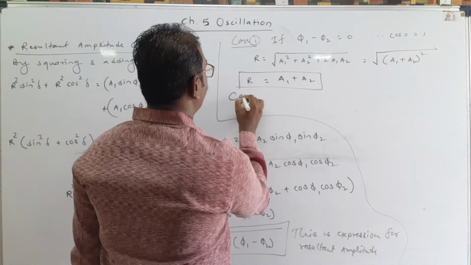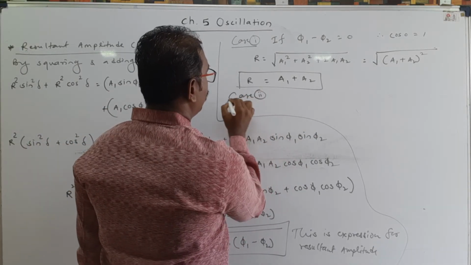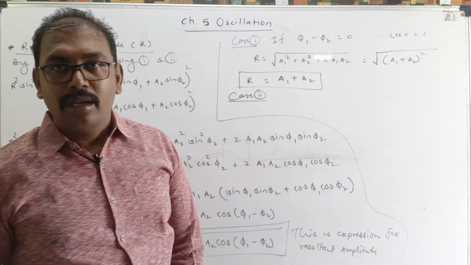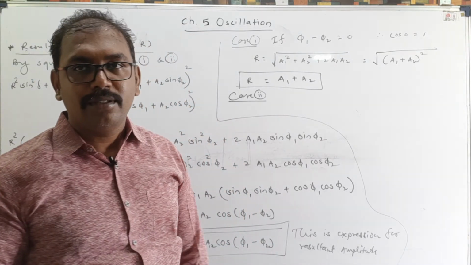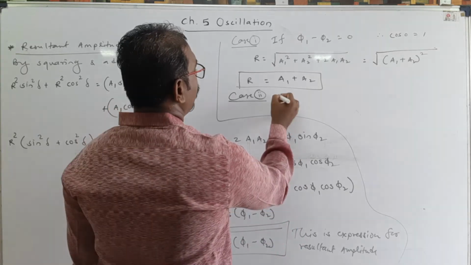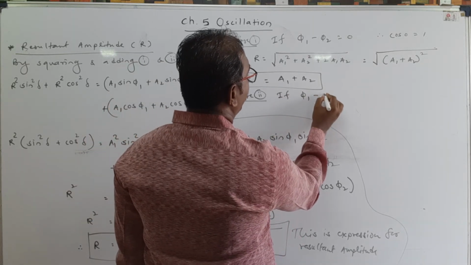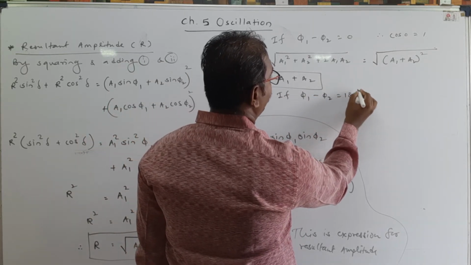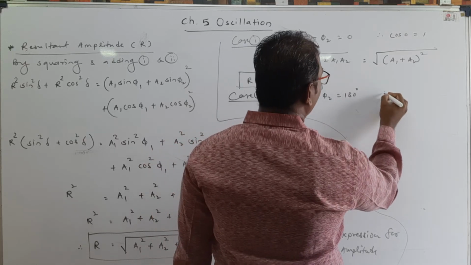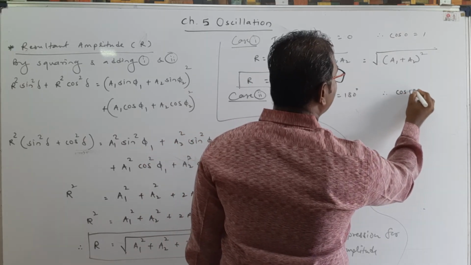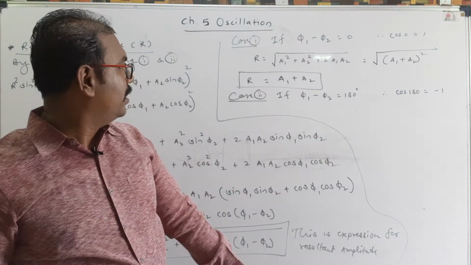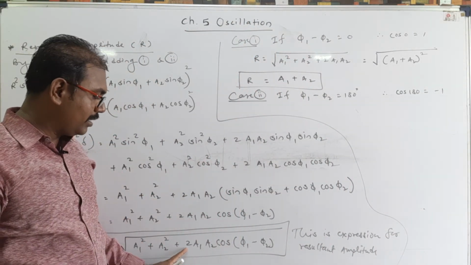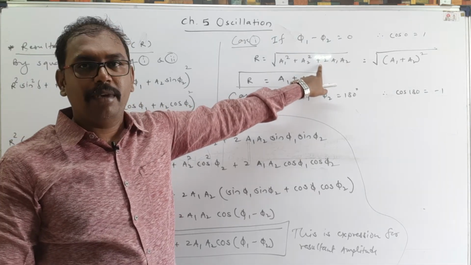In a similar manner, case 2: when they are out of phase with a phase difference of 180 degree. It means if phi 1 minus phi 2 is 180 degree or pi, then cos 180 is minus 1. So minus 1 into this, only the minus term is coming here.